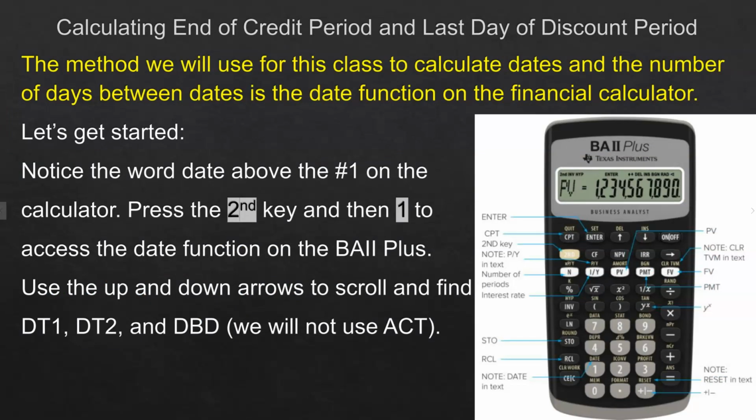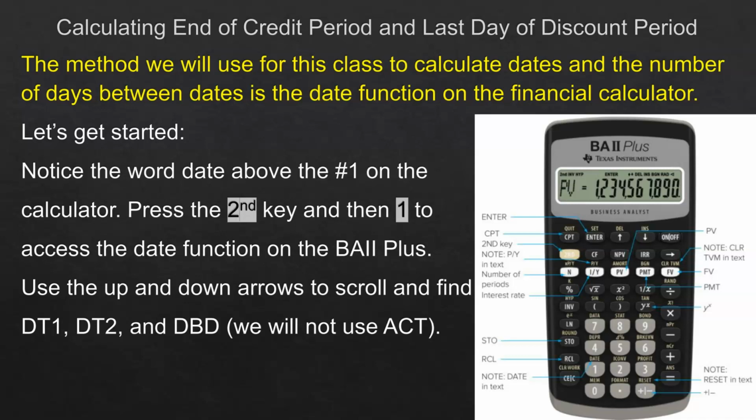All right. So this is where we're going to start using our financial calculator, and we're going to use this for the date function. In your book, you'll see this thing where you can count with a calendar and everything, and it is nice to know how many days are in a month because of some of the things we do with this, but I want you guys to learn how to use the financial calculator to do the date figuring.